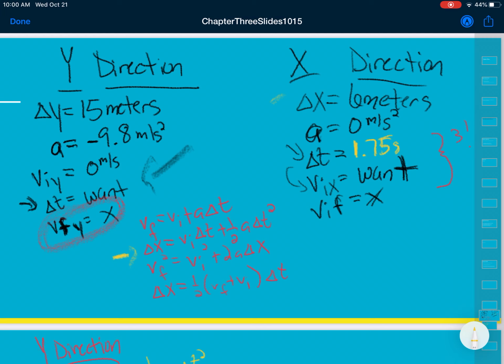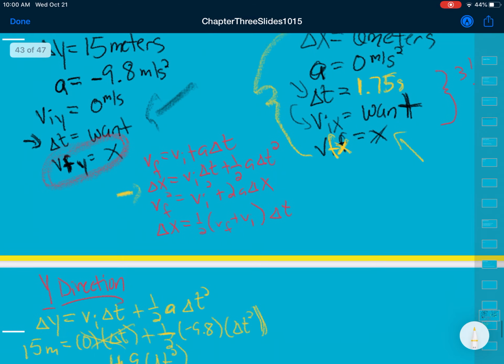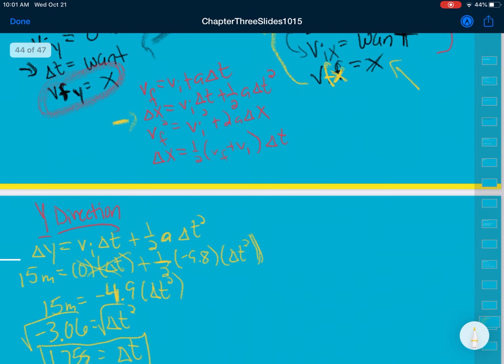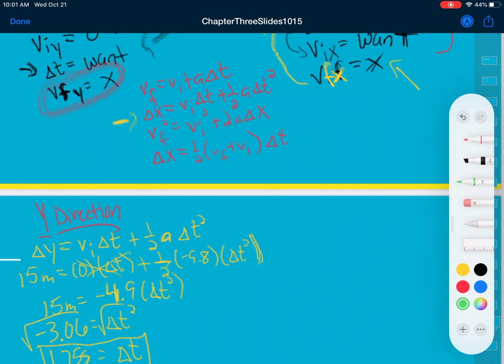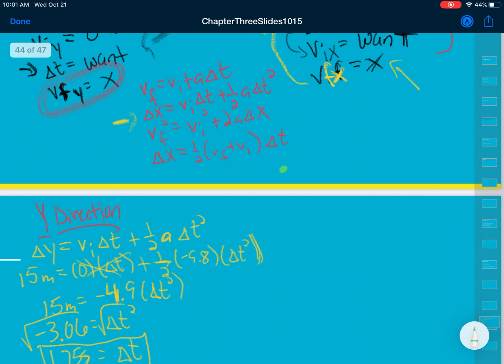What formula do I need to solve in my x direction? Once again, I am using the formula without VF. This should say VF in the x direction. I'm using the formula without the velocity final in the x direction. So come back to my equations. Is this good enough to see? Yeah. I'm going to use that same equation because I don't know the velocity final, right?